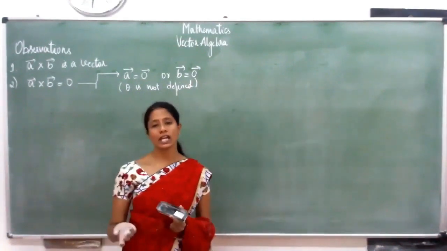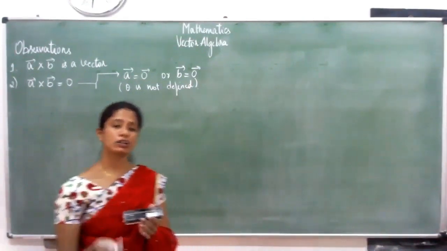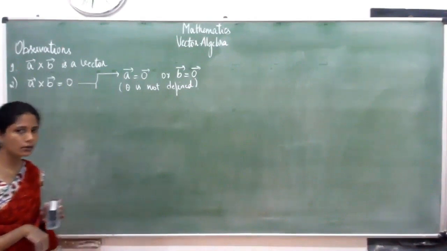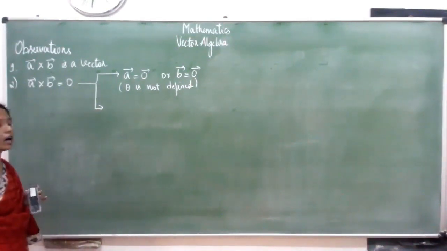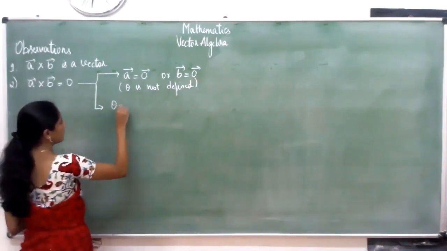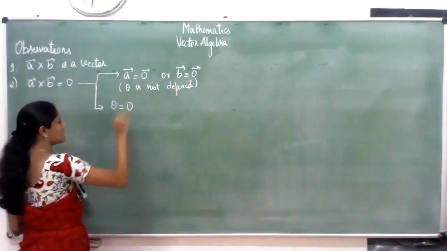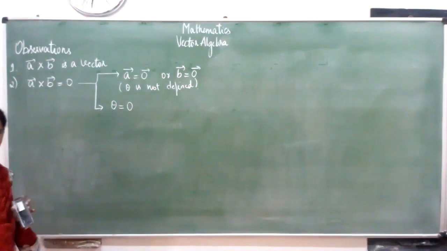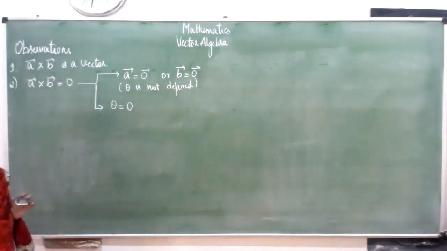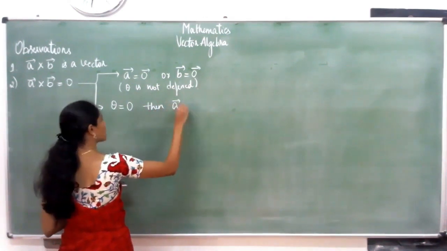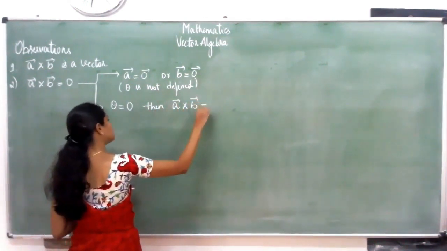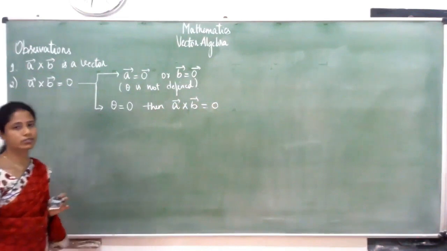What is our next case where the cross product between the two vectors is 0? Let us see. I say that if theta is 0, then vector A cross B is equal to 0.